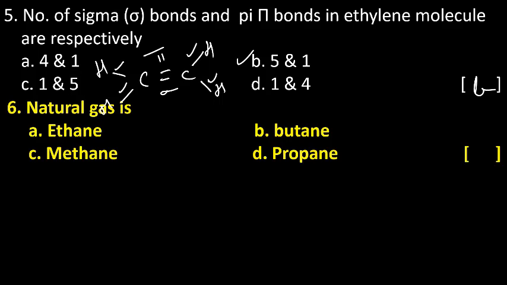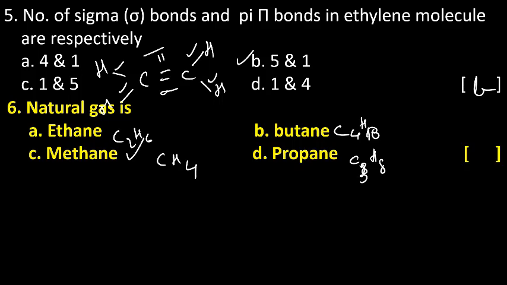And the next question is, natural gas is ethane, butane, methane, or propane. Natural gas here is methane. Methane formula CH4. Ethane C2H6, butane C4H10, and propane, sorry, this is C3H8.